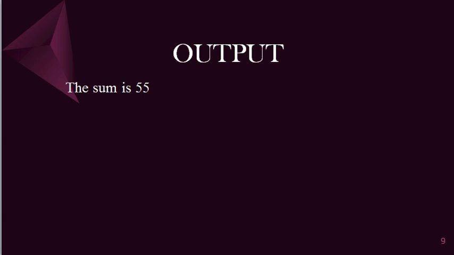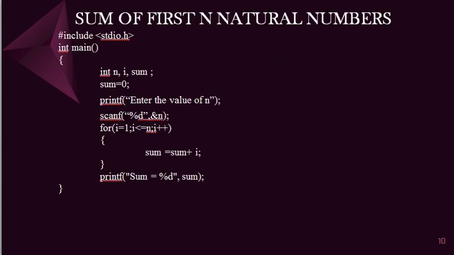Okay, then another example we have discussed was sum of first n natural numbers. Here also we can see what happens. Here also the difference is the I initialization step is here, then the condition is checked, then the increment operation. So here you can see I equal to 1, then it will check I less than or equal to n.